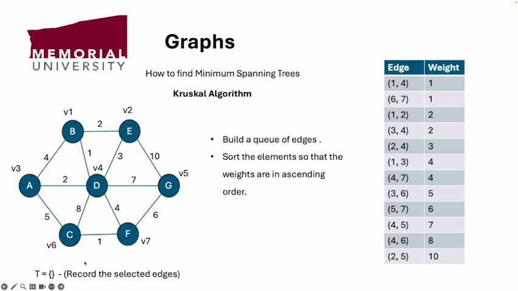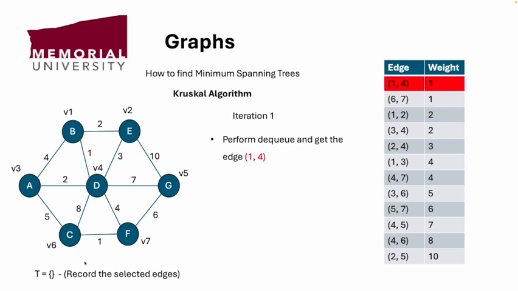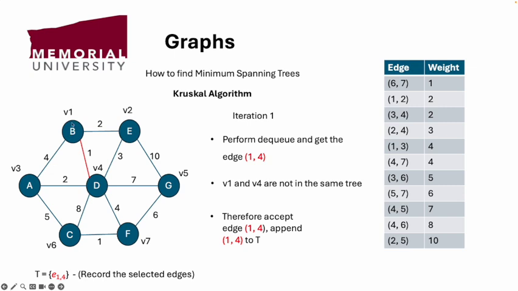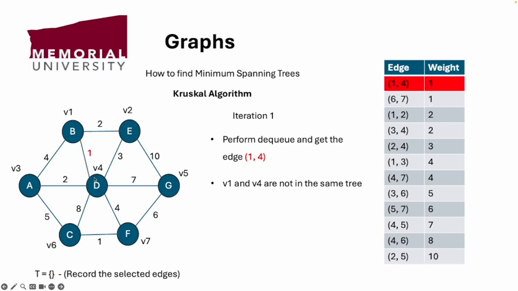Now let's start and see how that works. Iteration 1, we perform the dequeue and get the edge 1 and 4. 1 and 4 are not inside the same tree, so there's no path between 1 and 4.